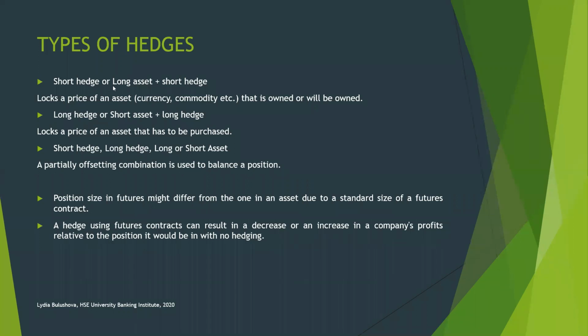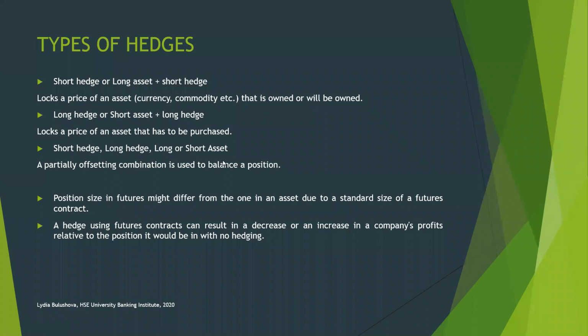So you are involved in actively managed portfolio management, and you are very likely to be involved in a short hedge, long hedge, or their combination, like described in this part.